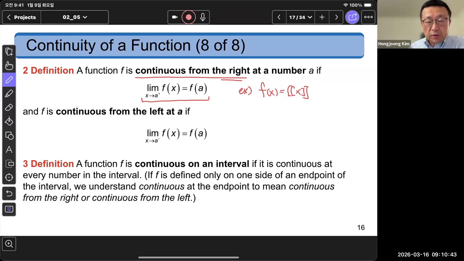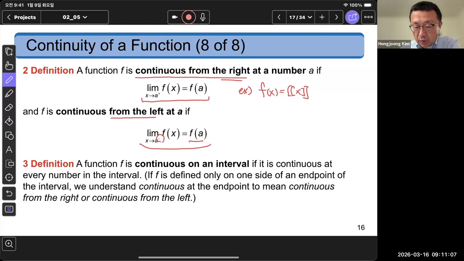Now, if I consider some function f, and the left-hand limit of the function as x approaches a equals the value of the function at a, then we say the function is continuous from the left.